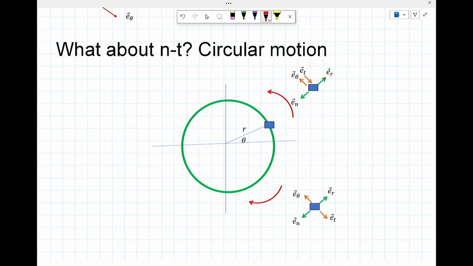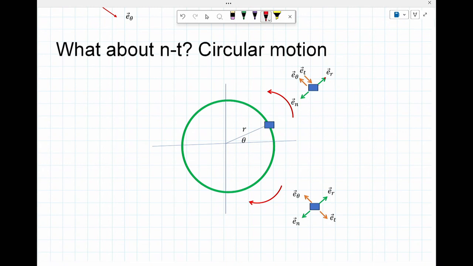So E sub n and E sub r are in the opposite sense. E sub theta is always counterclockwise. So the top particle is going in the counterclockwise direction, and it's rotating in that sense.